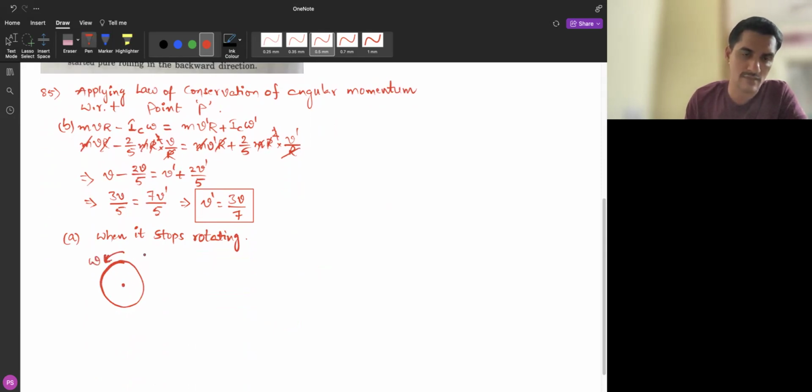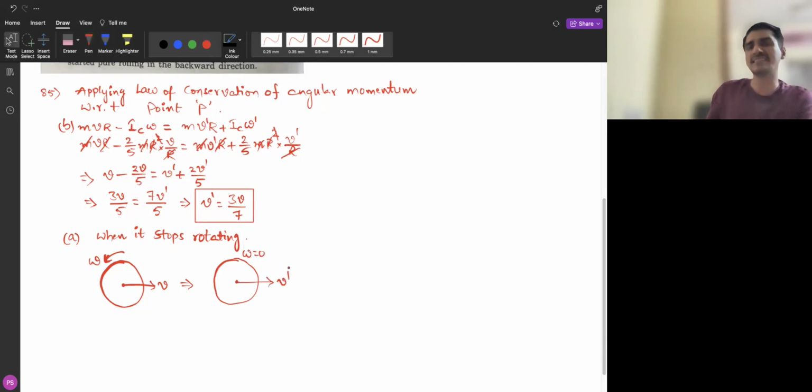The angular velocity will be omega, and here this is a velocity. And after some time, what happens? After some time, this omega will become 0, whereas its velocity changes. Why does it change? Because friction is acting there. That's why velocity will not be constant always.